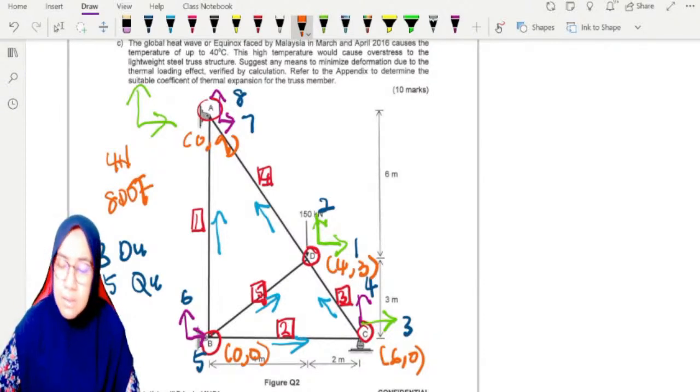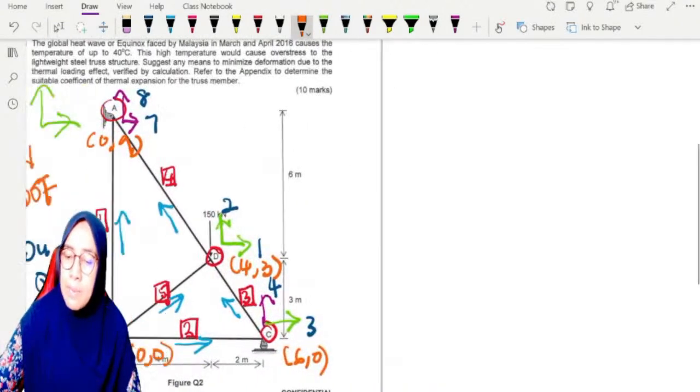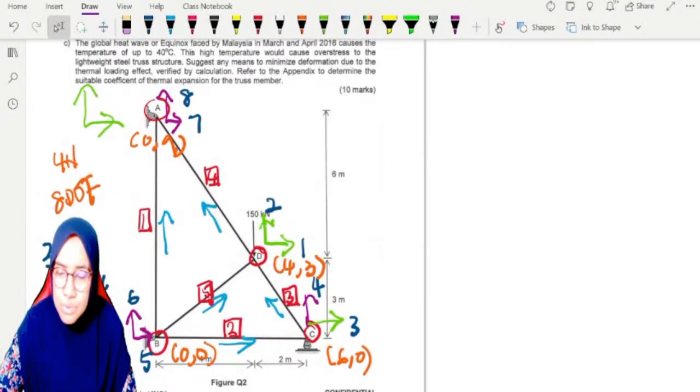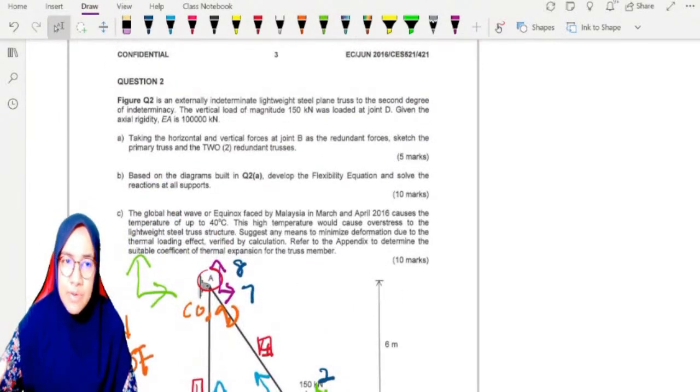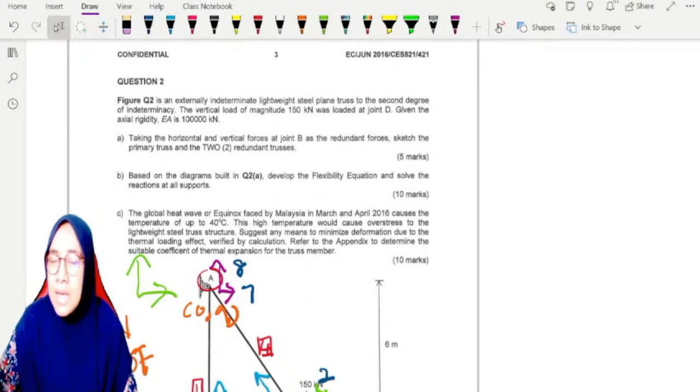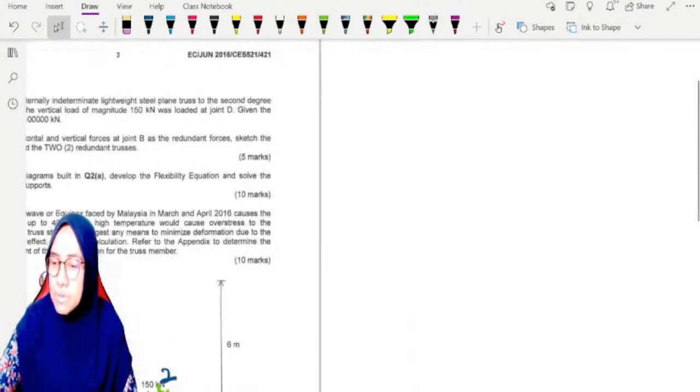Remember that whatever we do in the stiffness method is to calculate, first, the displacement; second, the reactions at the supports, Q3 until Q8; and then the member forces.